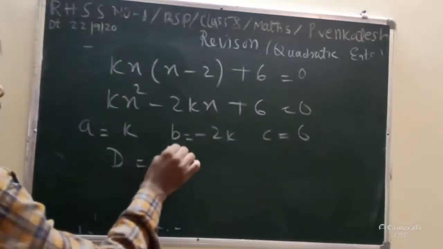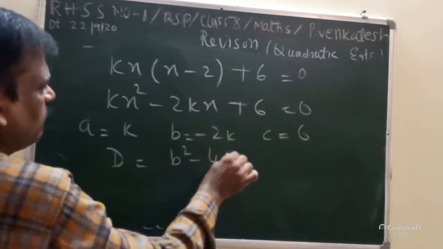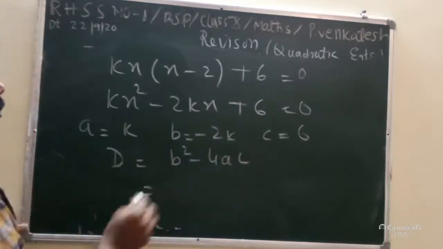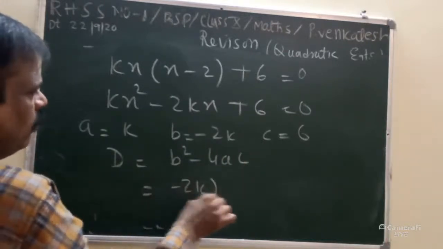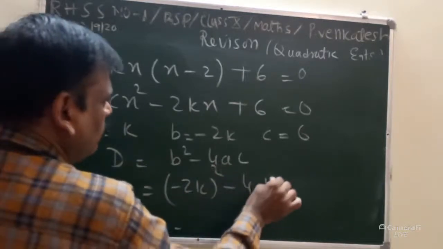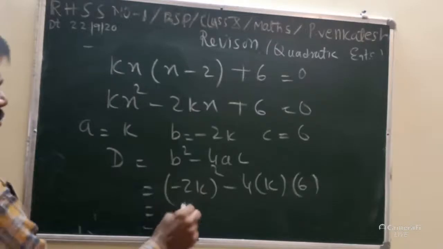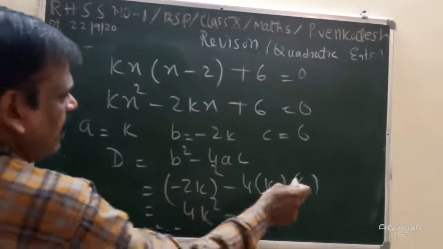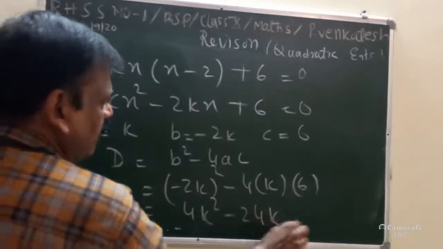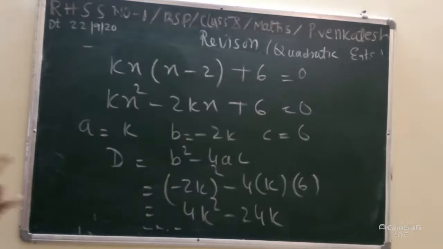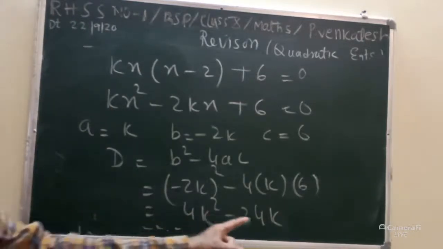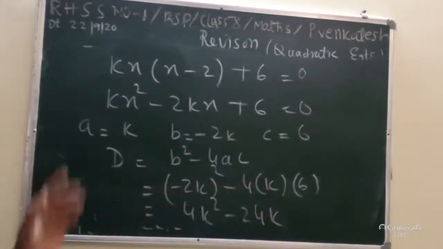Find the value of d. d equal to b square minus 4ac. Or this equal to minus 2k whole square minus 4 into k into 6. Or this equal to 4k square minus 24k. I think all of you might have got this value 4k square minus 24k. This is the value of d.